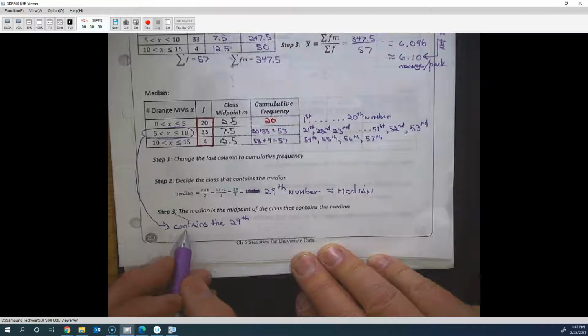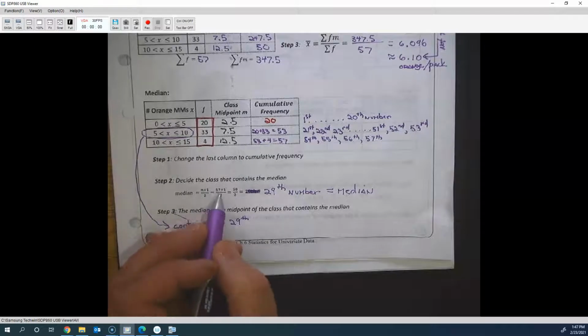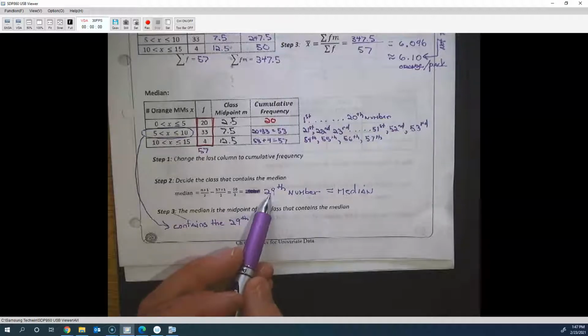Okay. Why is this the 29th number? Because there is 57 numbers in this list. So if we put all the values in order, we go 57 plus 1 divided by 2, that's 29.